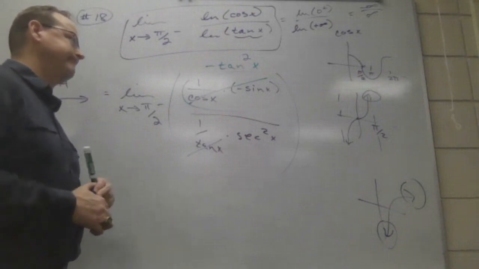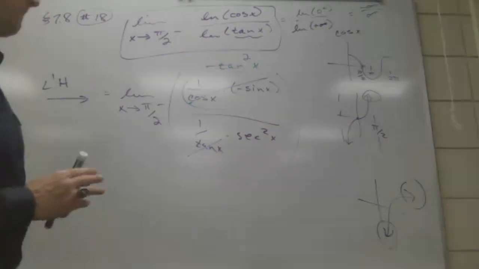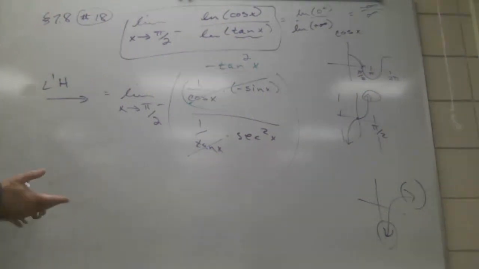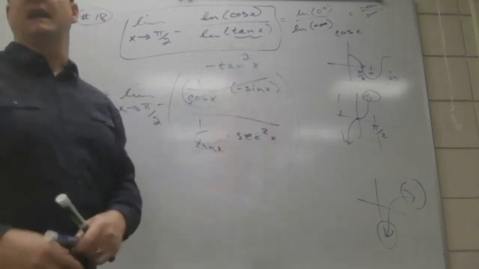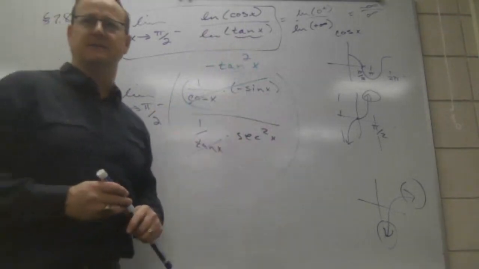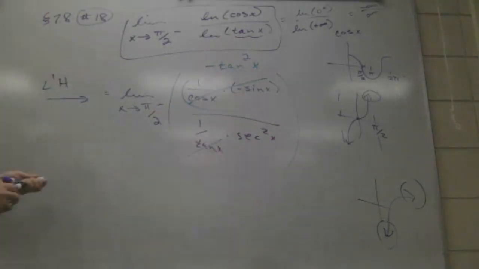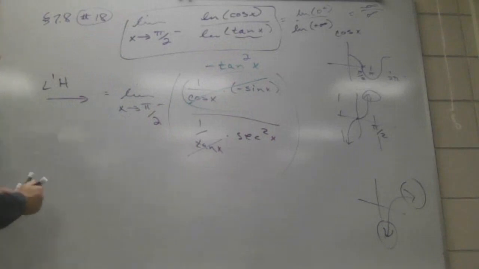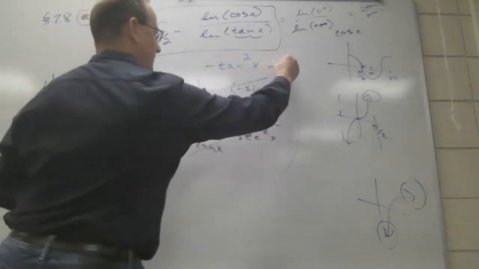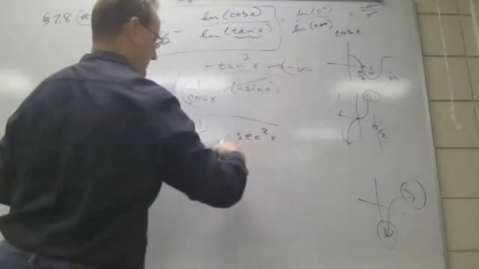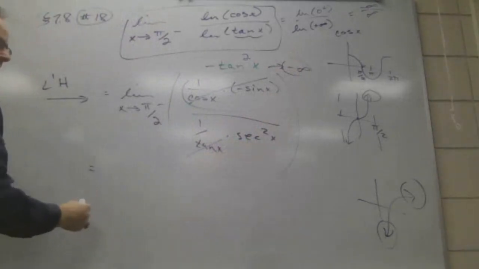Does tangent over secant equal anything? Well, what might be better, instead of sticking with tangents and secants, is changing it over to sines and cosines and seeing if life can be any better. So let's rewrite it. That didn't really help because I still have minus infinity on top. Secant is 1 over cosine, right?